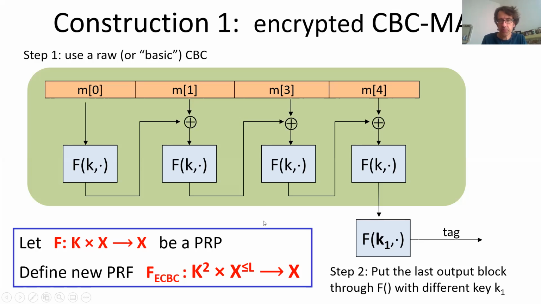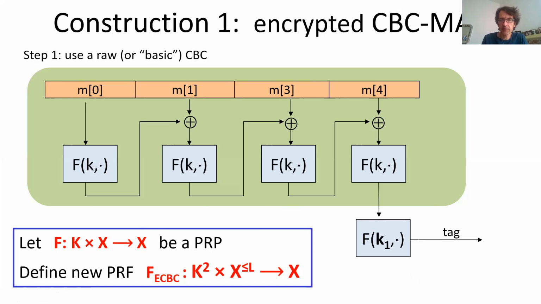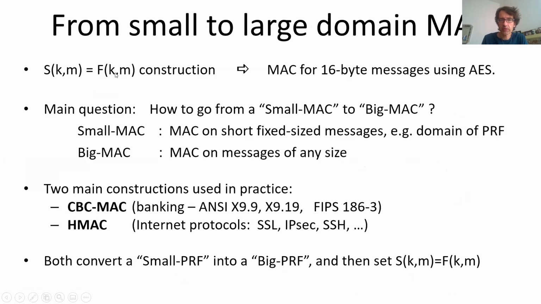Because the claim is that this whole thing implements a PRF, MACing is still going to be like this basic MAC idea on this slide. You take your message and you apply this PRF to this message. This PRF is this complicated encrypted CBC MAC construction, but it is still a PRF, and the MAC is just its output.